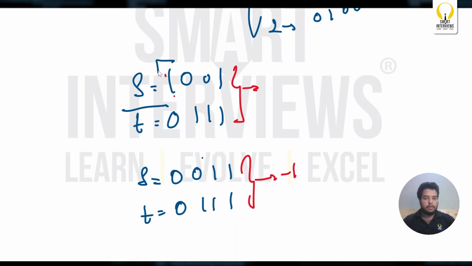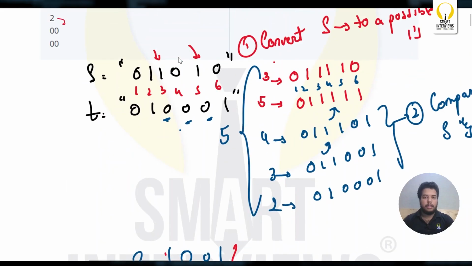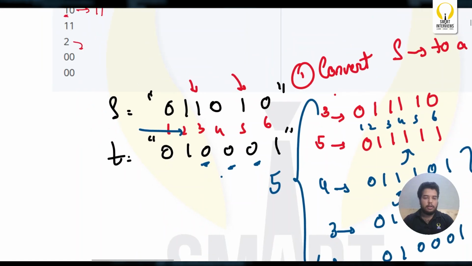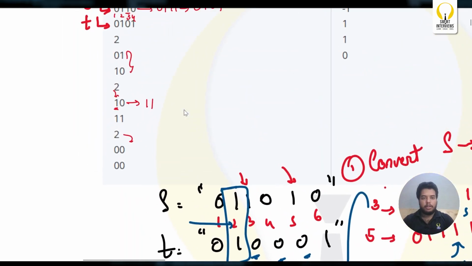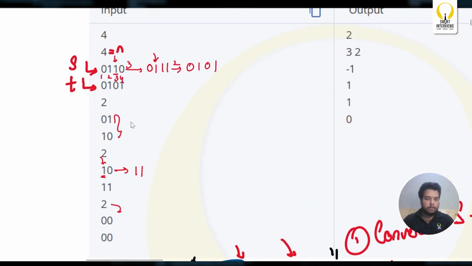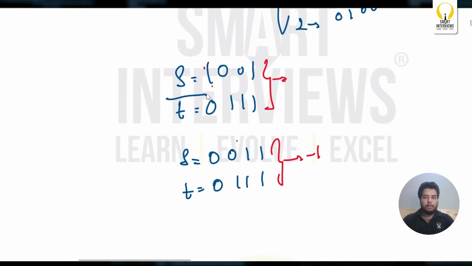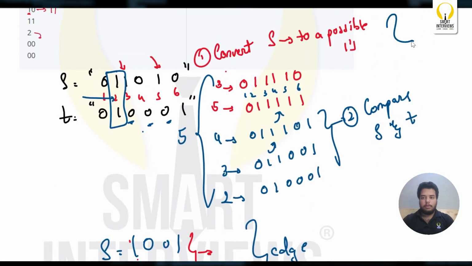And in this, the first character is different, so you'll print -1. Whereas if you go to the other strings, it is not getting -1. Till here it is same, so it is a possible answer. You can also check for the other strings. So this will be an edge case, and this will be the main logic.